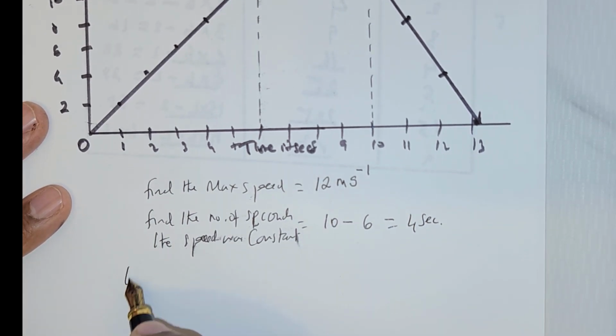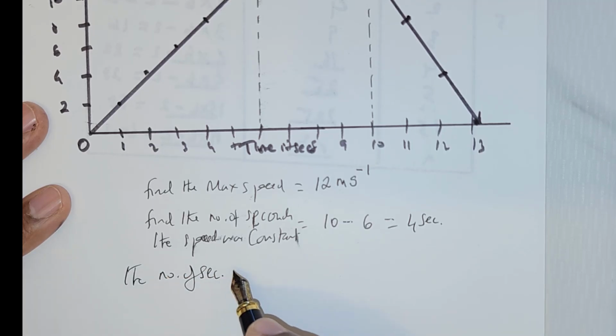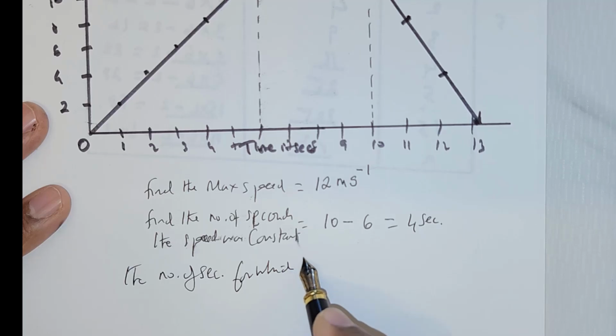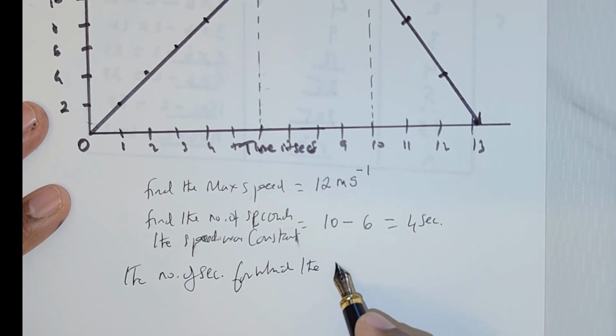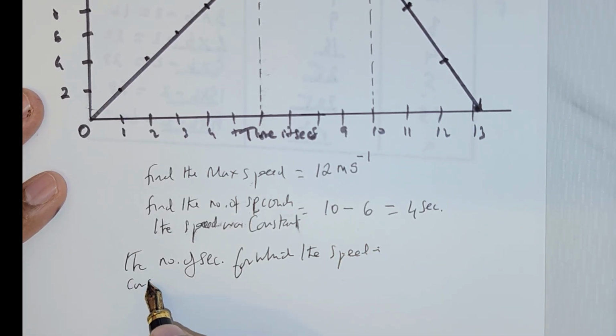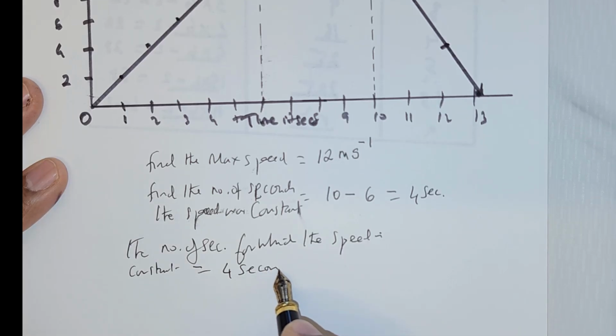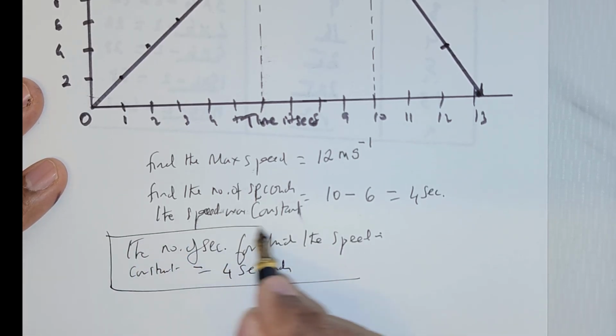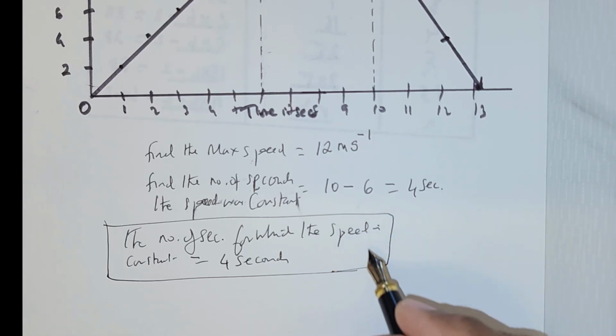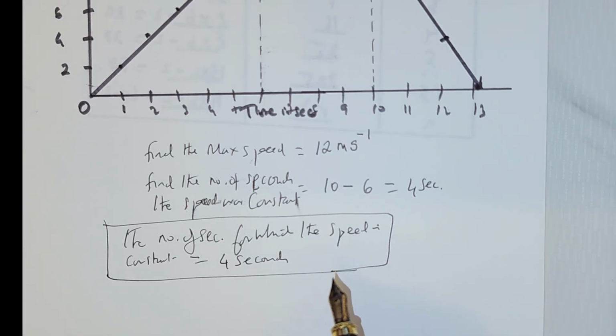So you need to write the number of seconds for which the speed is constant is equal to 4 seconds. You can just box this. This is the working, this is the conclusion.